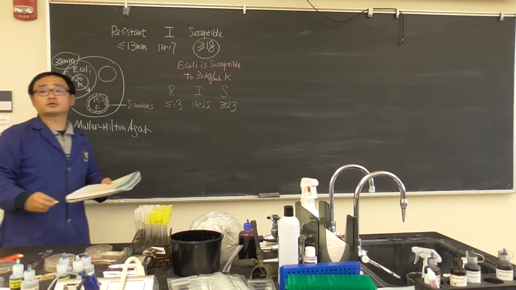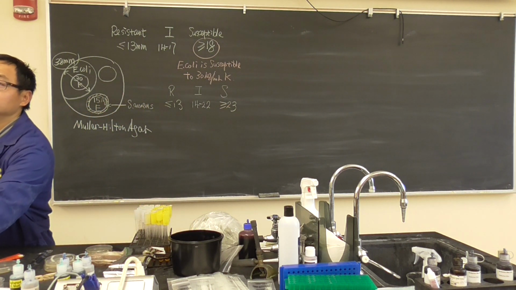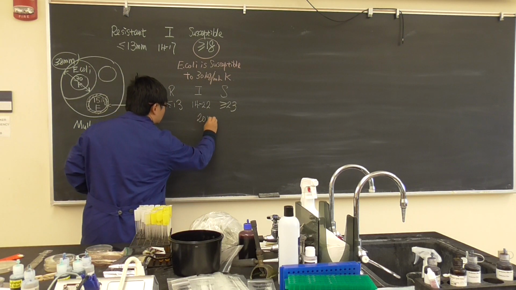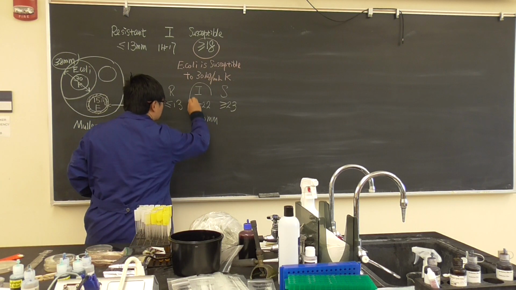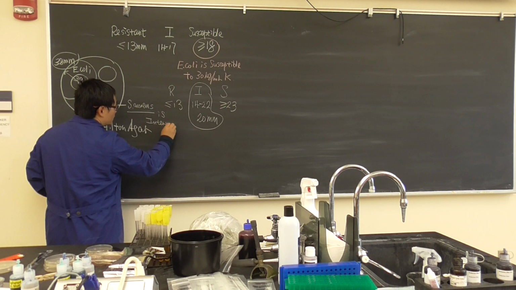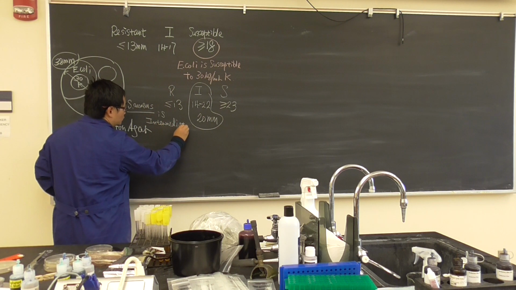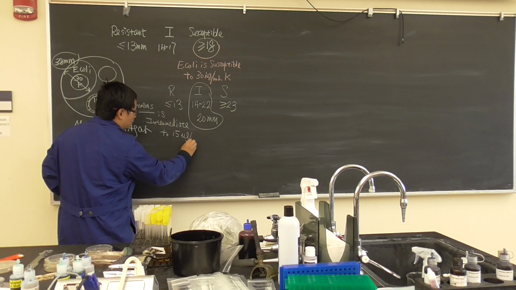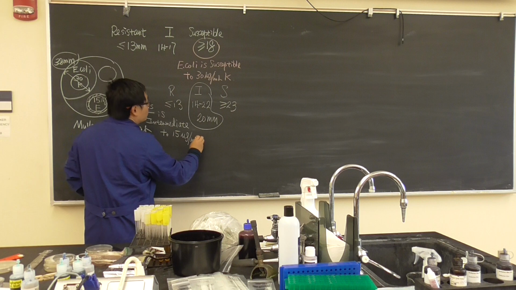What is your result? 20. Okay, pretty good. Then 20 millimeters, what does this mean? It means this Staphylococcus aureus is intermediate to 15 microgram per ml.